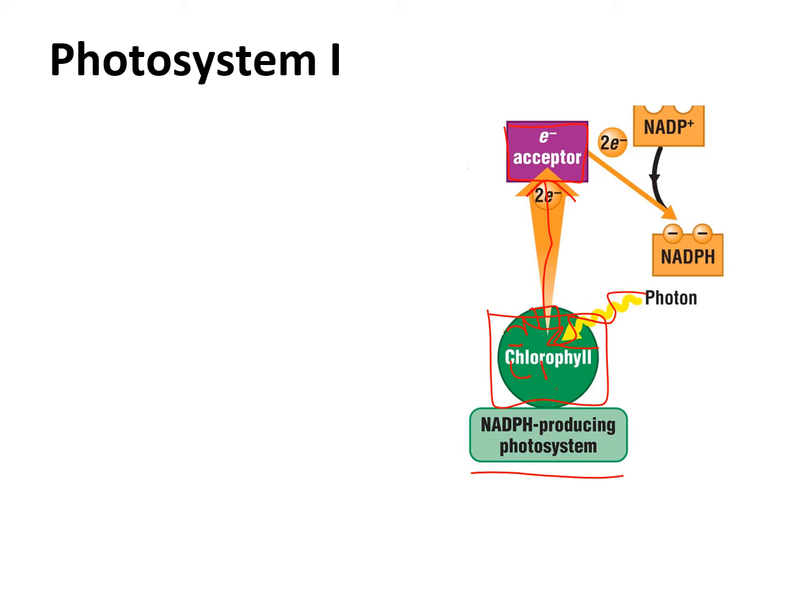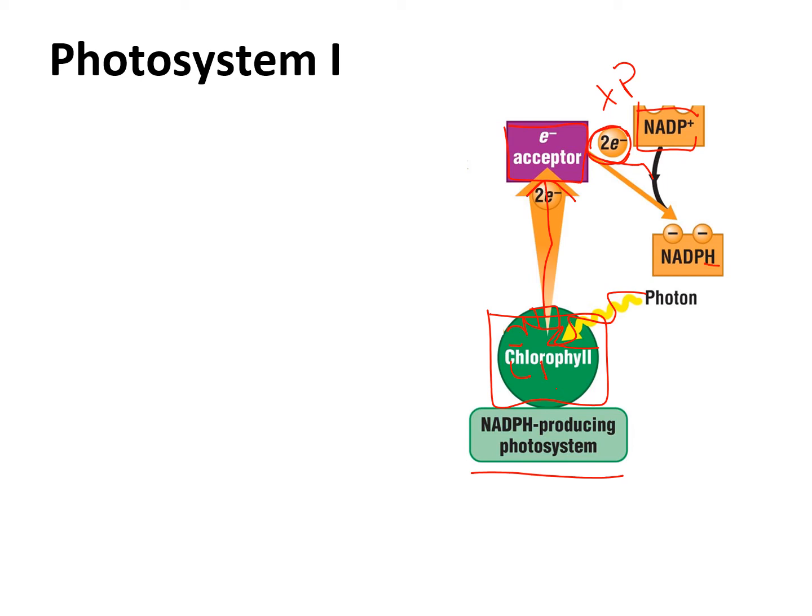So a molecule that is an electron acceptor. And then that high energy electron is going to be transferred to an NADP molecule. So that energy is going to be transferred to an NADP molecule. And remember, electrons don't travel by themselves. They often travel with a proton. And so one electron plus one proton creates a hydrogen atom.